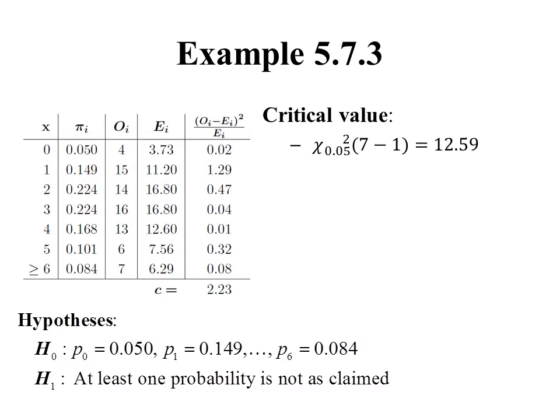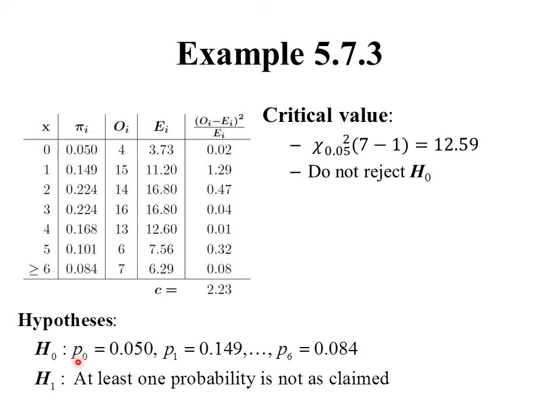And so our critical value in this case, we'll use a 0.05 significance level. We have 7 categories, so 6 degrees of freedom. And if we look up that critical value, we get 12.59. And so our test statistic, 2.23, is much less than this critical value. And so the technical conclusion is that we do not reject the null hypothesis.